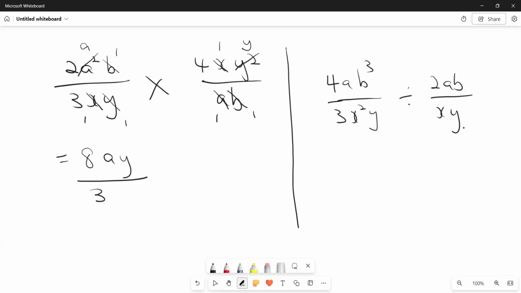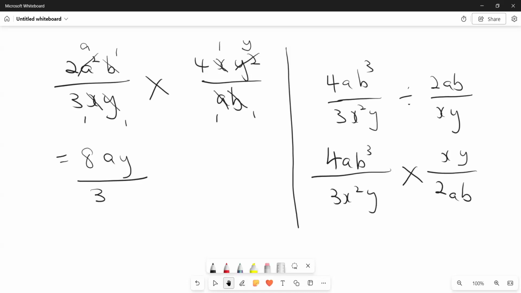So as you rightly said, flip over: 4ab cubed over 3x squared y multiplied by, flip this over, xy over 2ab, right? And you can do our cancellation.